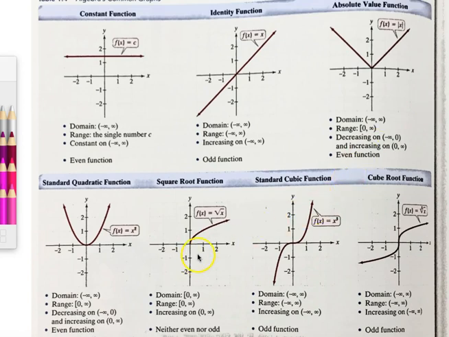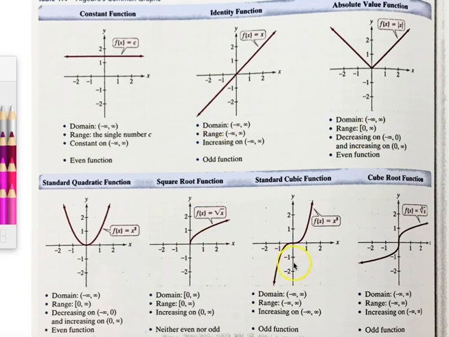We'll review other functions later, but for right now, this is what we've got. Our constant function, which are originally horizontal lines. Then we've got the identity function, which are lines that have an actual x and not just a number. Absolute values, parabolas, which come from quadratic functions, square roots, cubics, cube roots.